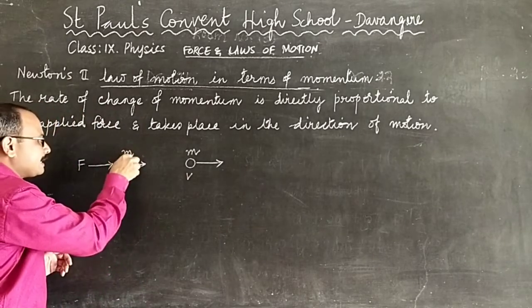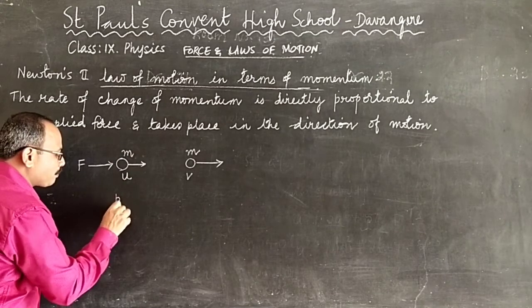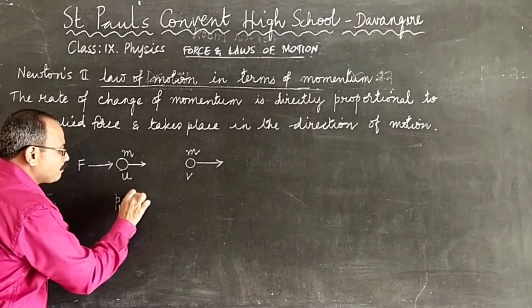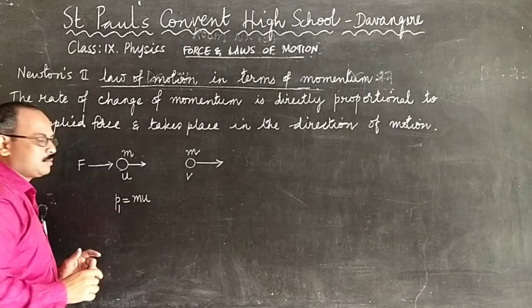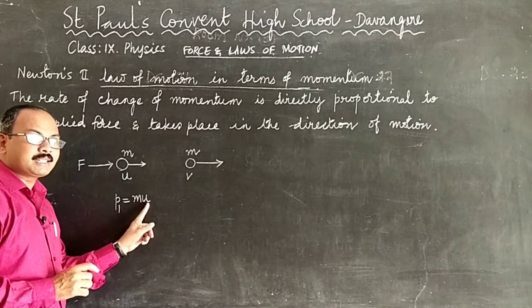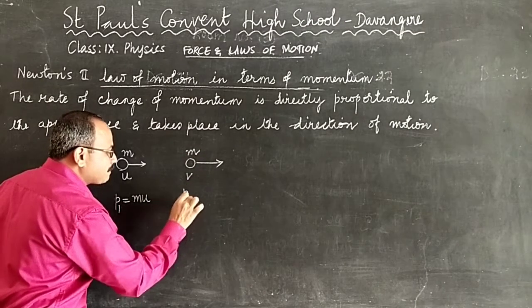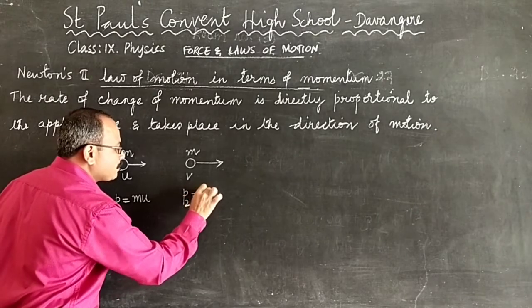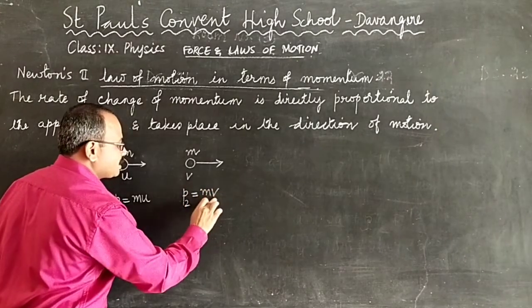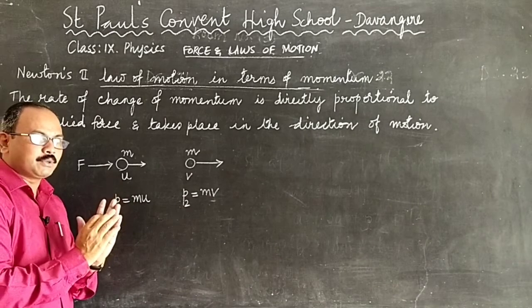Now, consider this. Its momentum P1 is equal to mass into u. Momentum is a product of mass into velocity. Its momentum, let me consider as P2, will be equal to m, mass remaining the same, into v. Consider the two situations, children, don't get confused.